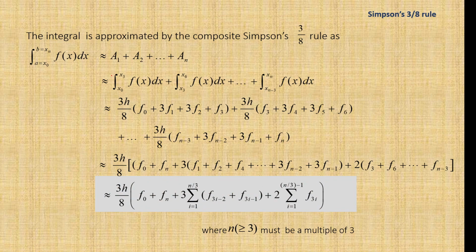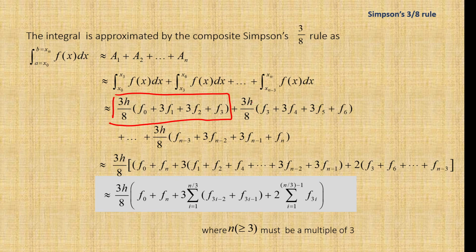Area 1, x0 to x3, is the basic formula here: 3h over 8 (f0 plus 3f1 plus 3f2 plus f3). And then from 3 to 6, 3, 4, 5, 6, total 4 points there, estimated using the basic formula.